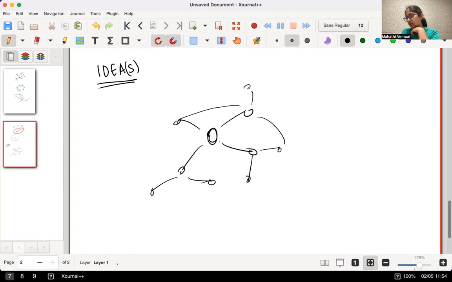If I start doing a depth first search from here, we've been promised that no two edges connect the same unordered pair of nodes.